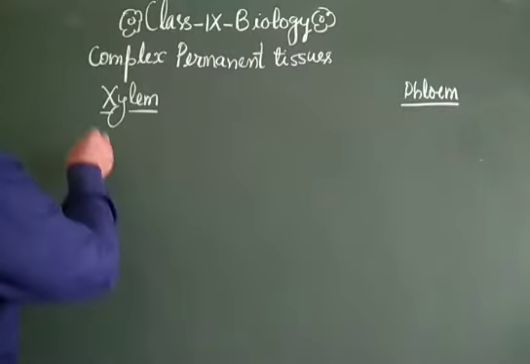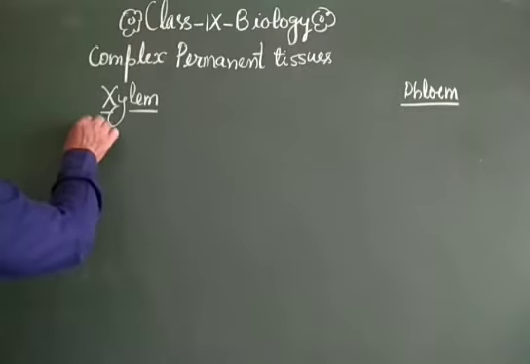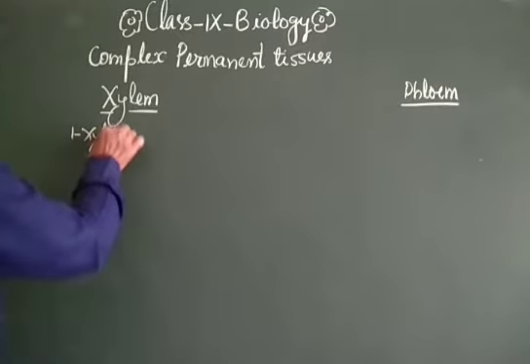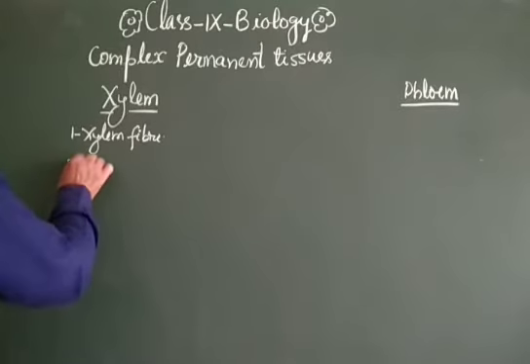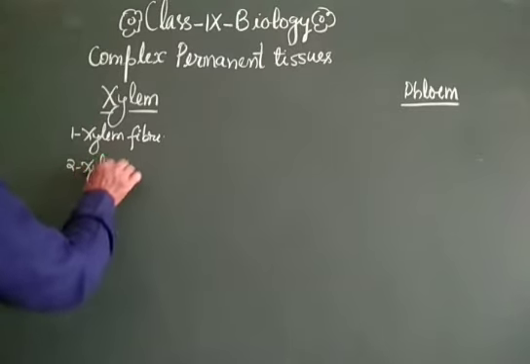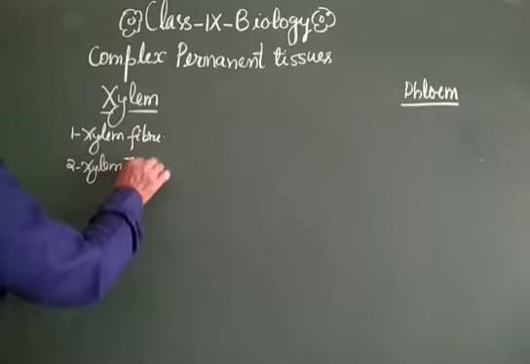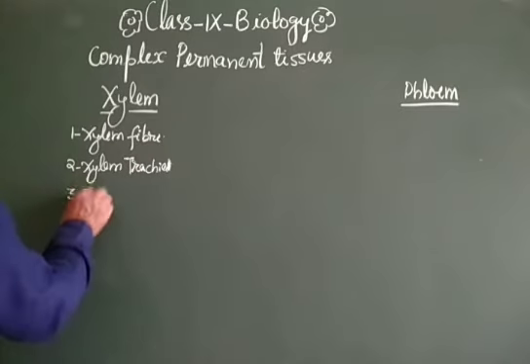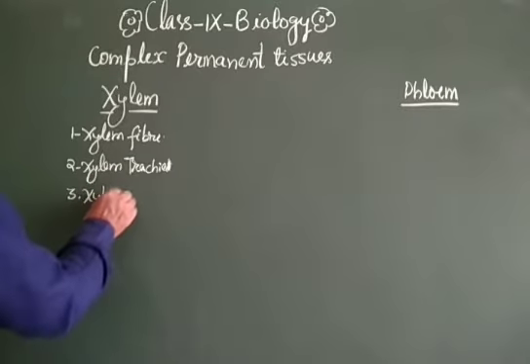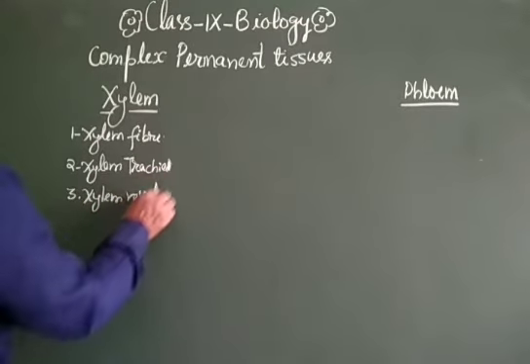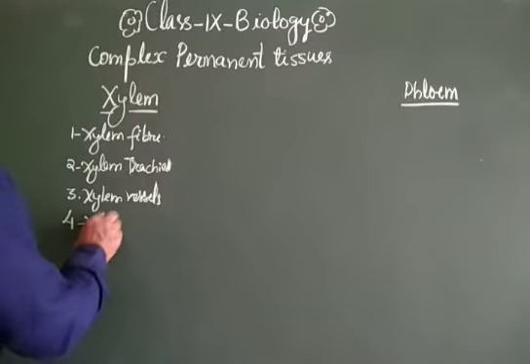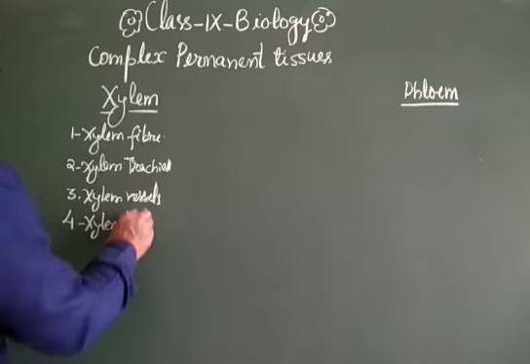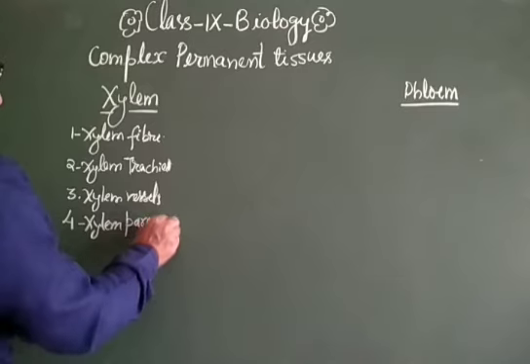My dear students, the xylem consists of, number one, xylem fiber, number two, xylem trachea, number three, xylem vessel, and number four, xylem parenchyma.